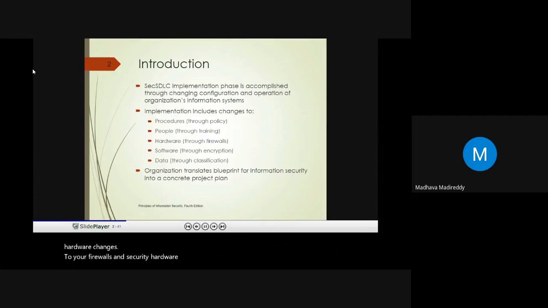It can also include changes to your software through encryption, and changes to your data through properly classifying the data again. Maybe going through your data and classifying which is to be secured, what level of security you want to use for your data, and what data can be classified as highly confidential, and so on. So the organization basically translates the blueprint of information security into a complete, concrete action plan.